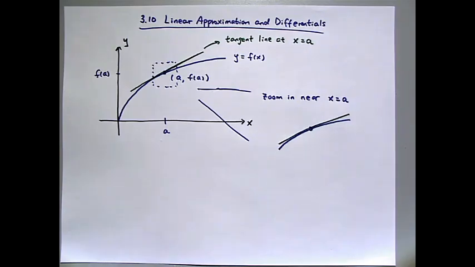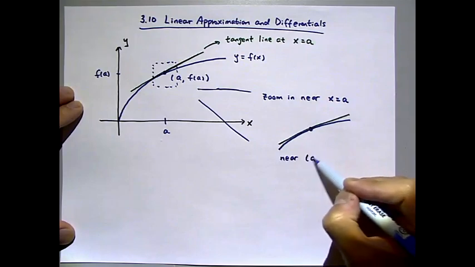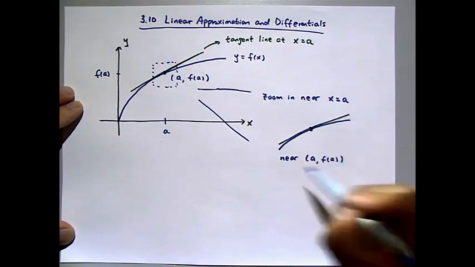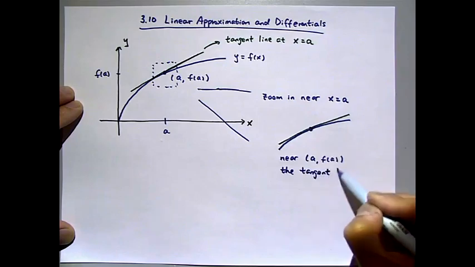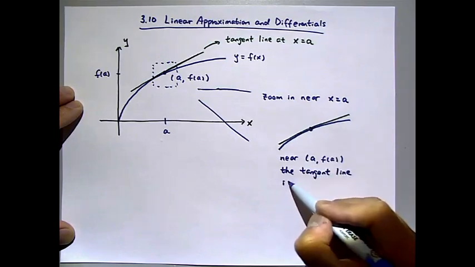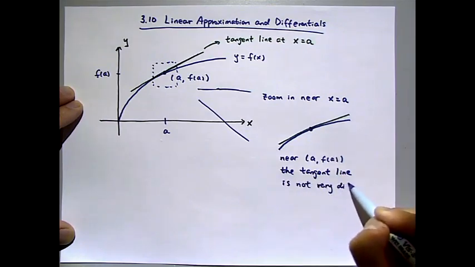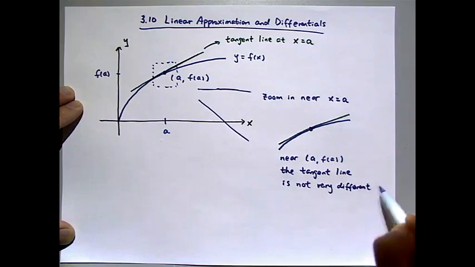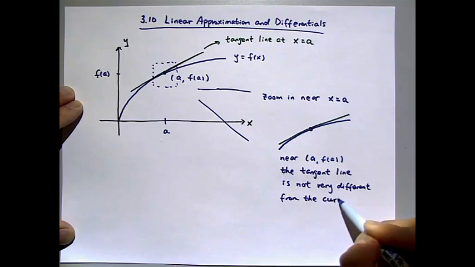Right? No matter how curved this thing is, if you keep zooming in very close to that point, it'll appear to be very close to a straight line. So near the point a comma f of a, the tangent line is not very different from the curve itself.